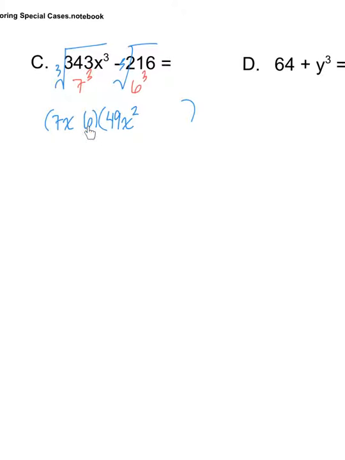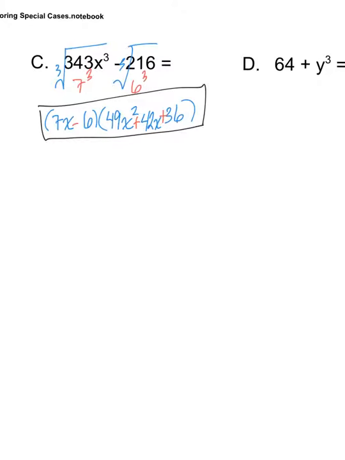Then I square the 6 to get 36 here. To get my middle term, I multiply 7x times 6, and I get 42x. And now my signs: same sign, so minus; opposite, plus; always positive, so a plus there.